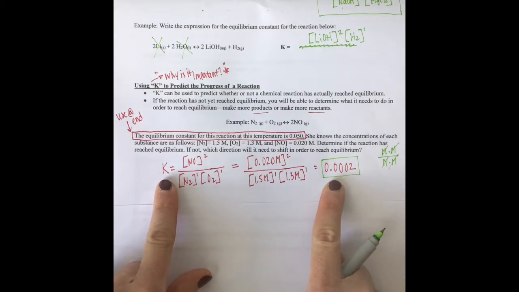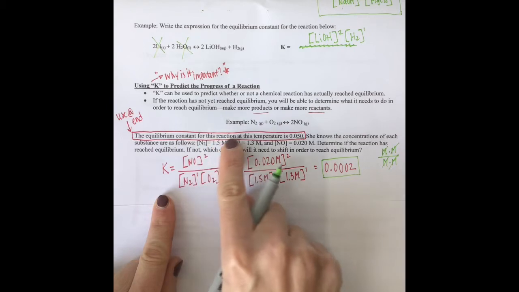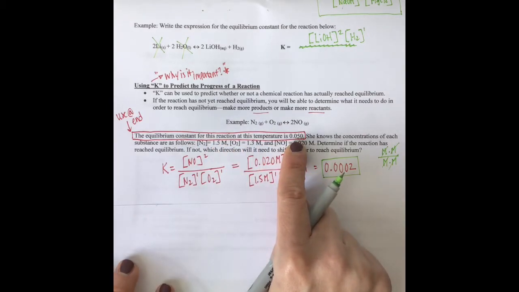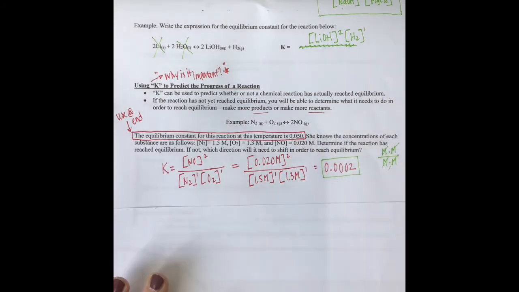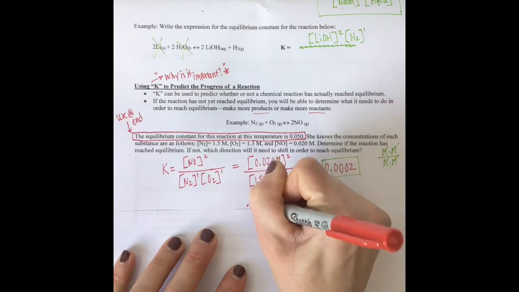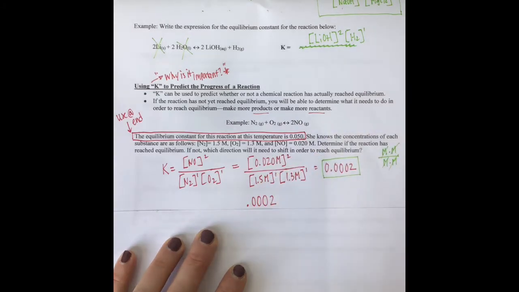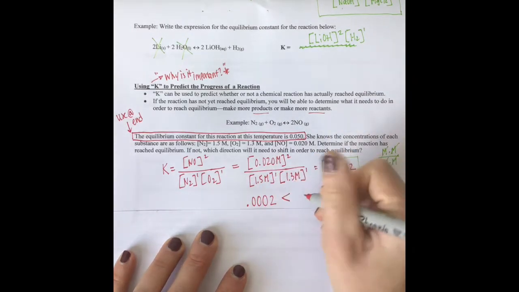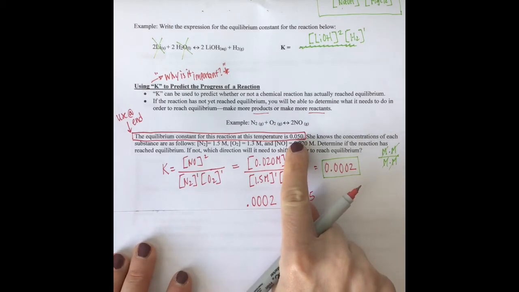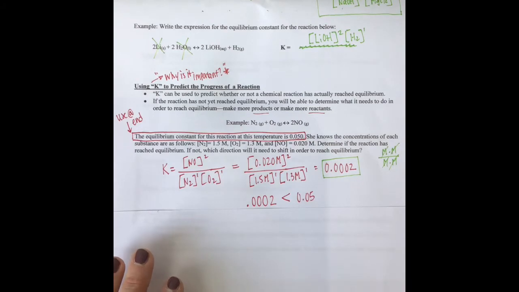Now we want to compare it to what the equilibrium constant should be when the reaction has reached equilibrium. Okay, so we're going to be comparing these two numbers. I'm going to say that 0.0002 is less than the value given for the equilibrium constant.